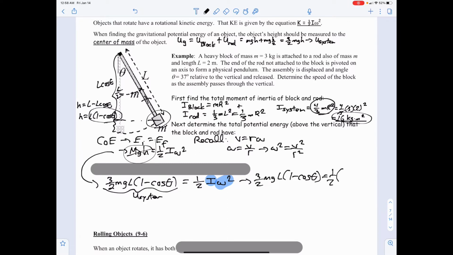1/2. Okay, now I is 4/3 mr squared. And then we're going to substitute omega squared for v squared over r squared. Now, notice all the things that cancel. r squared cancels with r squared. Let's see, 2 goes into 4 two times, and we are left with 2/3.